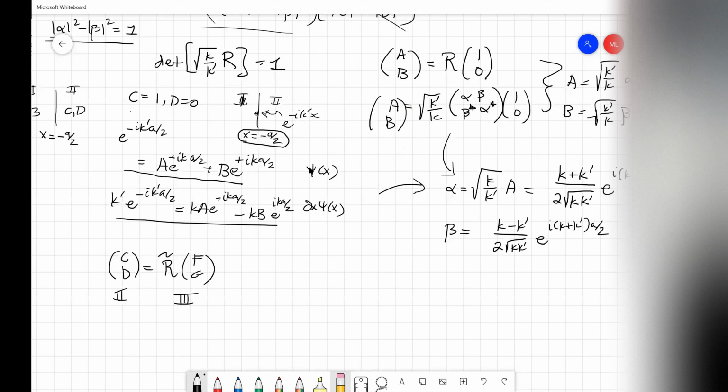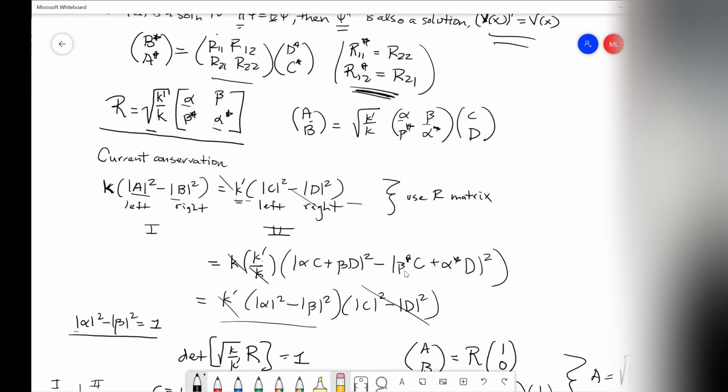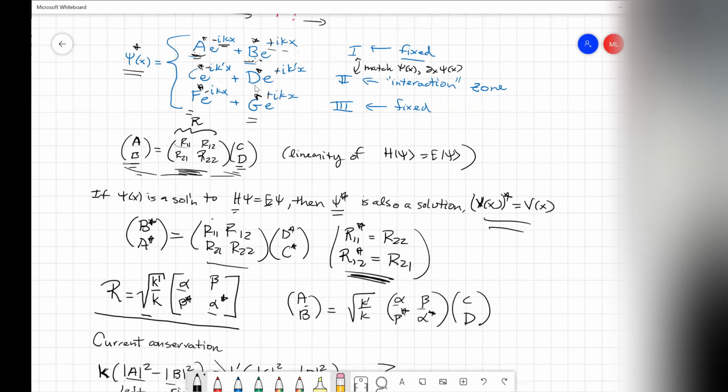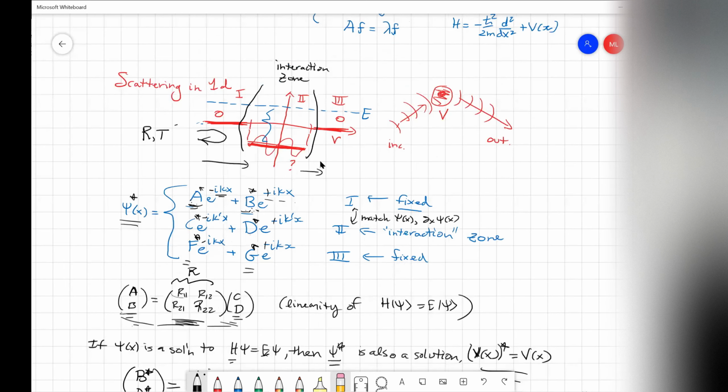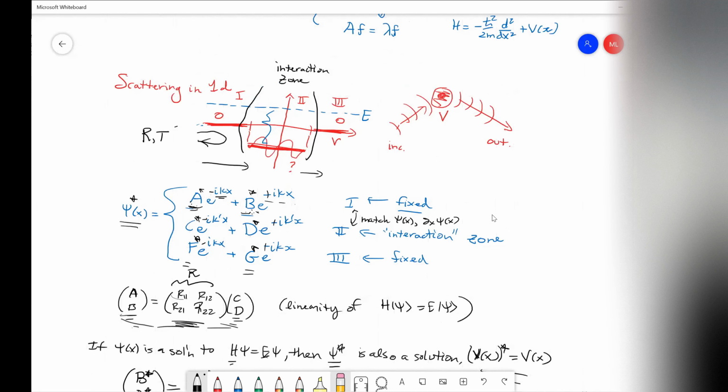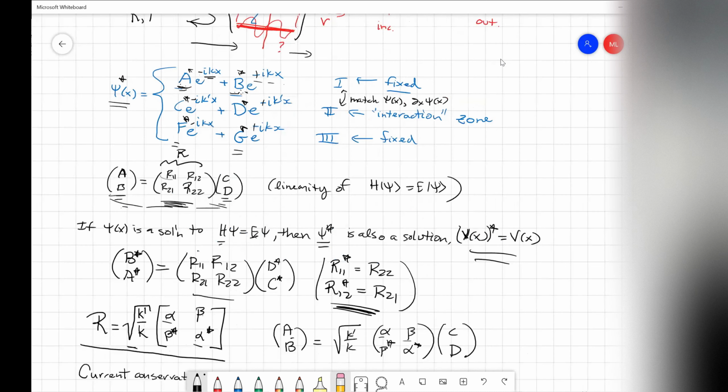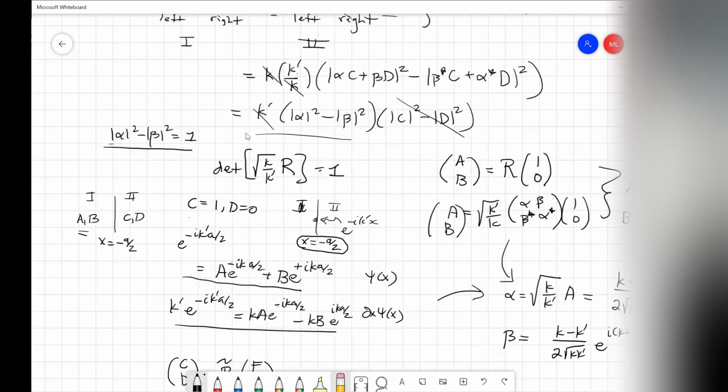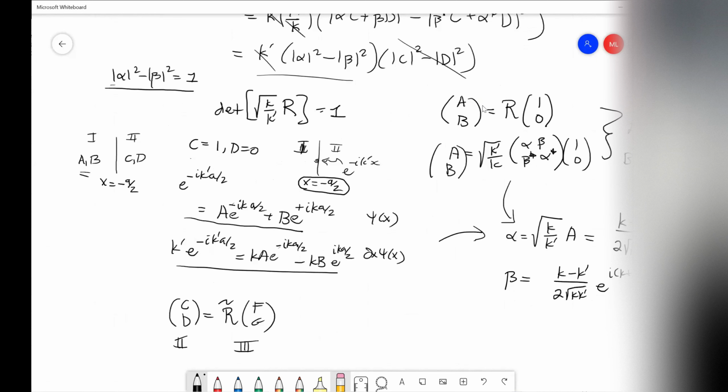You can go through the same business of making arguments about current conservation and using a particular boundary condition. This is just a choice in order to make the solution for A and B easy. In this case, for the solution for C and D, you could set F equal to 0 and G equal to 1 and work it out, for instance.